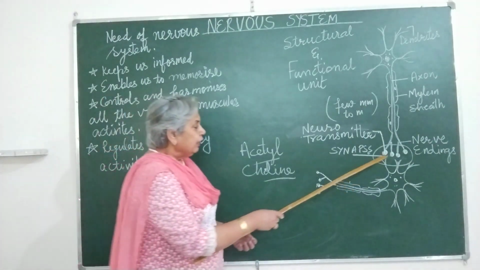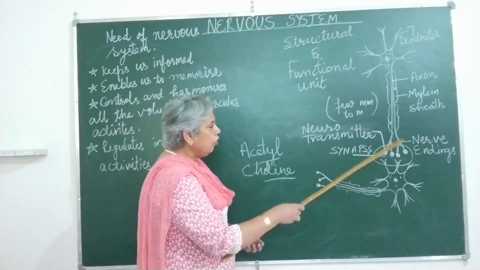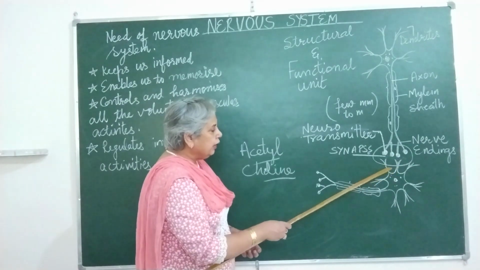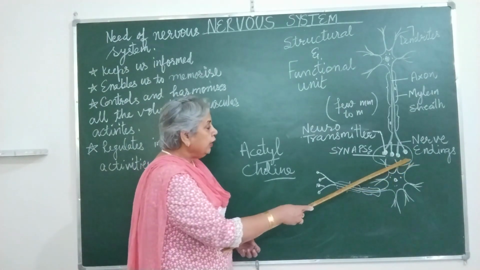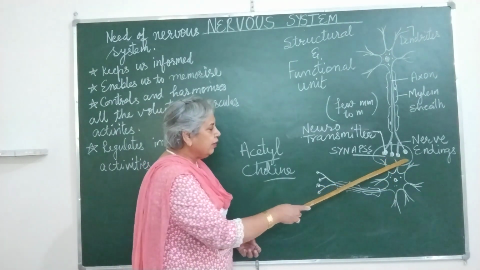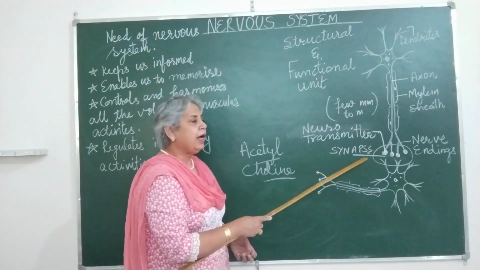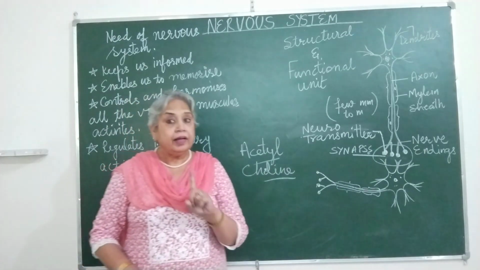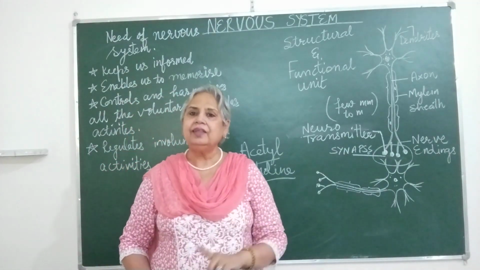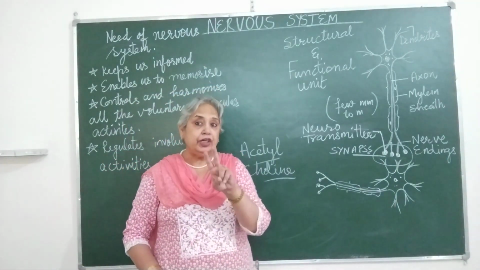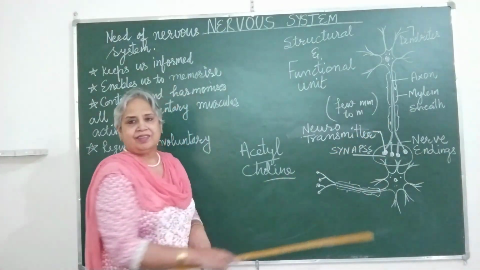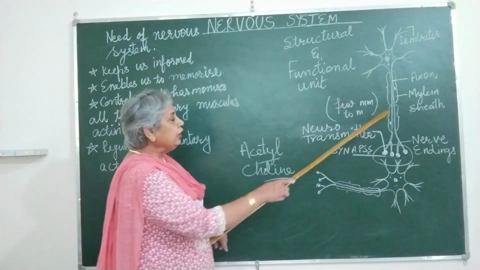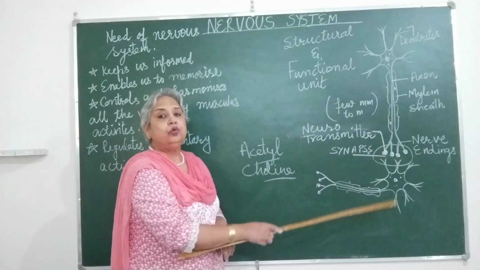So, these are the terminal endings of this neuron, then the dendrites of the other neuron. In between there is a gap. This gap is called synapse. So what is synapse? Synapse is a functional junction between two neurons. What is a synapse? Functional junction between two neurons.